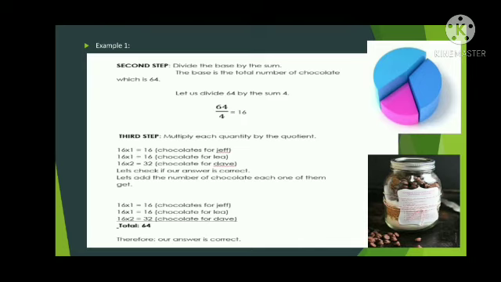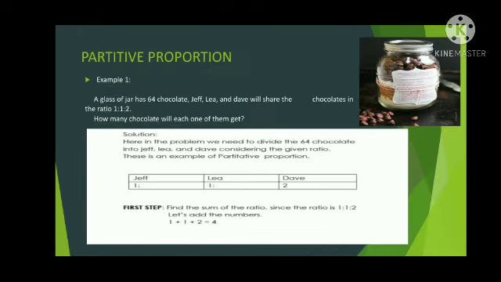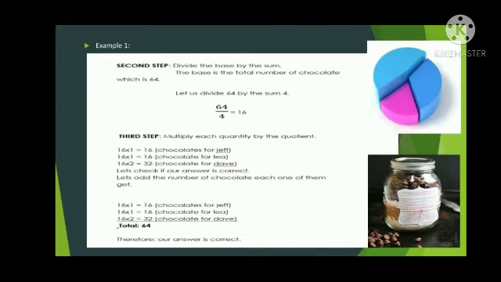So we already know the total number of chocolates to be 64. And let us divide 64 by our sum. So our sum is 4, no? Na-obtain natin yan sa ating first step. Okay, if we take a look at our previous solution, the sum is 4. So total number of chocolates divide lang sa sum natin na 4. So 64 divided by 4 will give us the value of 16.